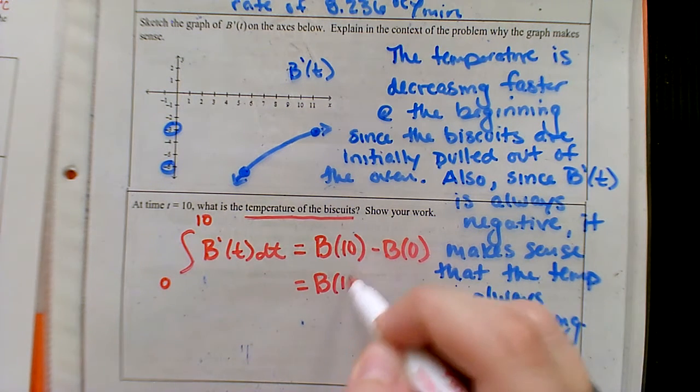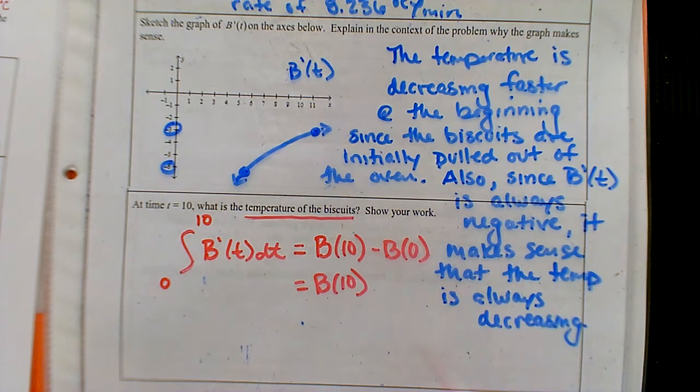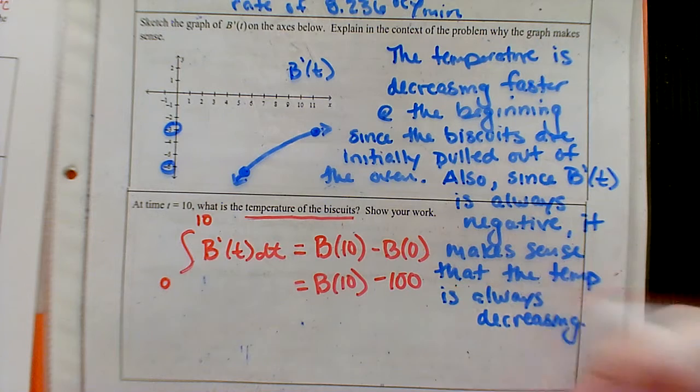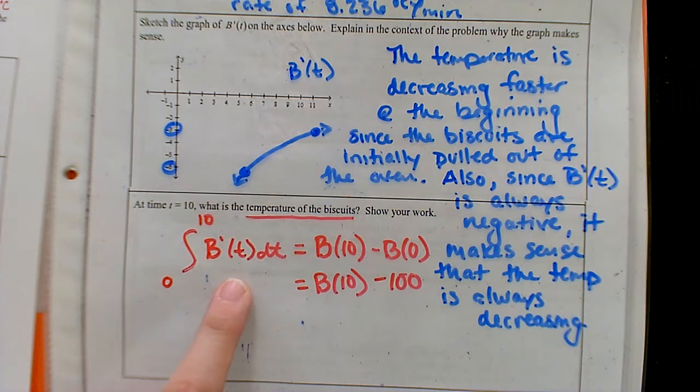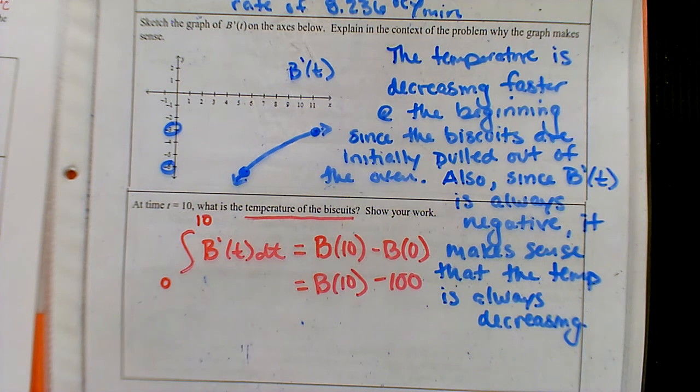Alright, so B of 10 is what we're trying to figure out. We know B of 0 is 100. On your calculator, you can go ahead and type in the integral of the derivative function, because they give it to you at the top, and we'll get that value.